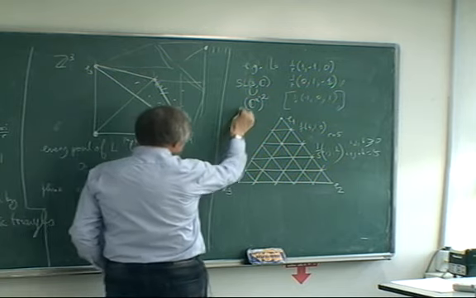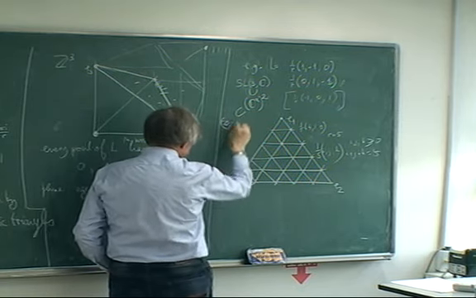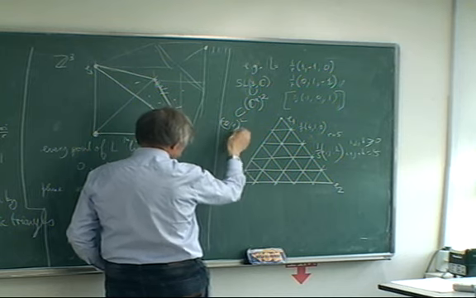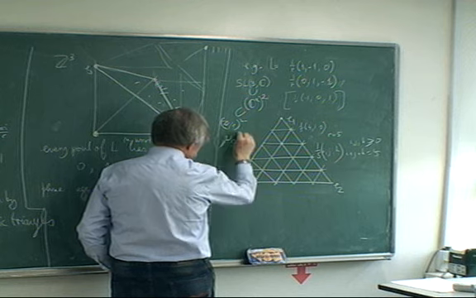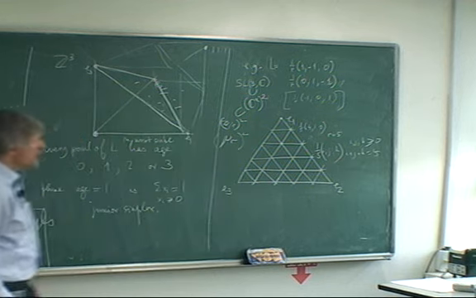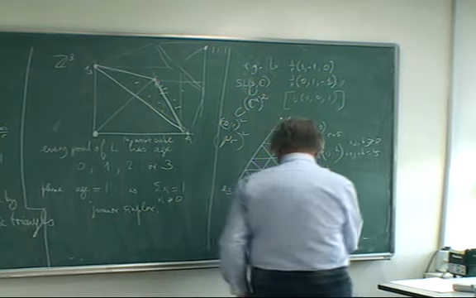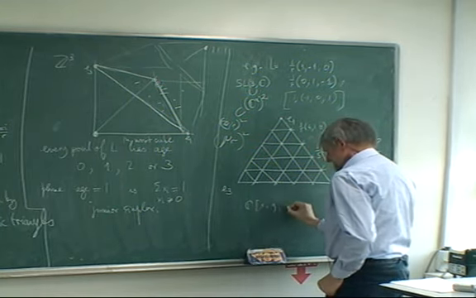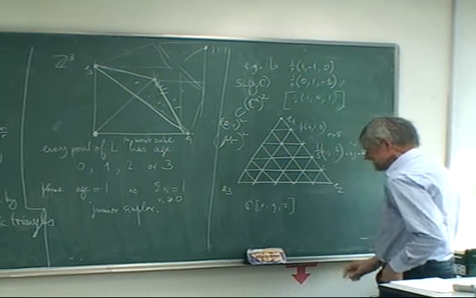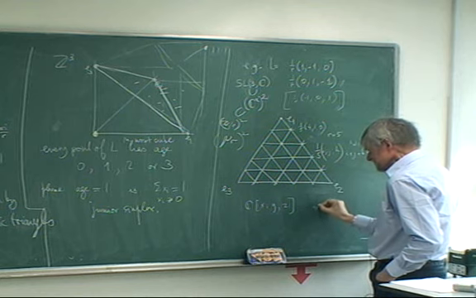Right? And inside here, I have a Z over r squared, or you might prefer to think of this as the rth roots of unity squared. Yeah? And so if I take the polynomial ring C[x, y, z], with this group acting on it, what are the invariant monomials?